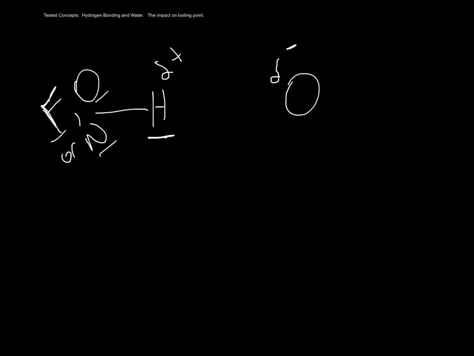I'm putting three symbols here because you need to understand that it could be any one of these. So the word is or, not and, right? So one of these three is bonded to this one hydrogen, and it becomes partially positive.